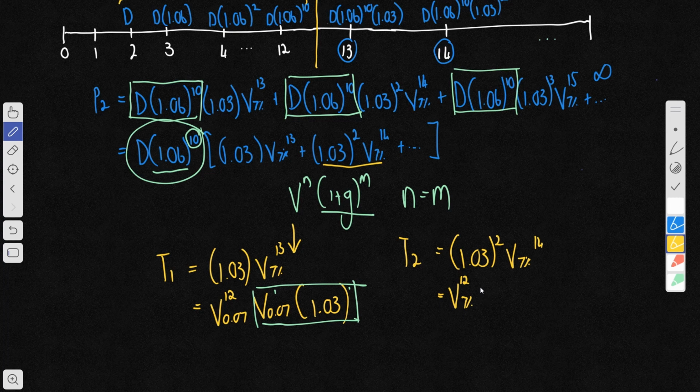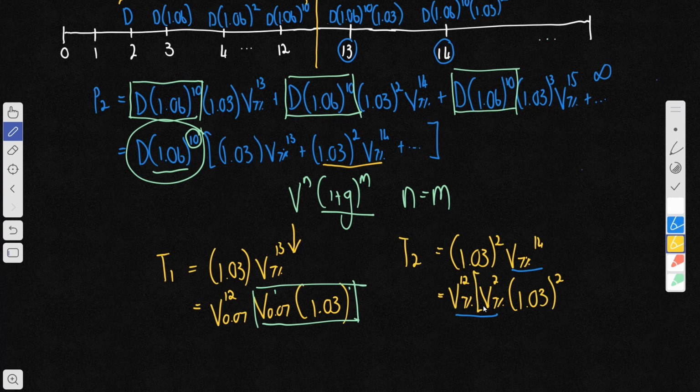We can multiply that by v to the power 2 at 7%. And because the laws of exponents say that you simply add the two exponents when you multiply, we get back v to the power 14. So in other words, this factor is exactly the same as the factor above, except that we still need the 1.03 to the power 2.